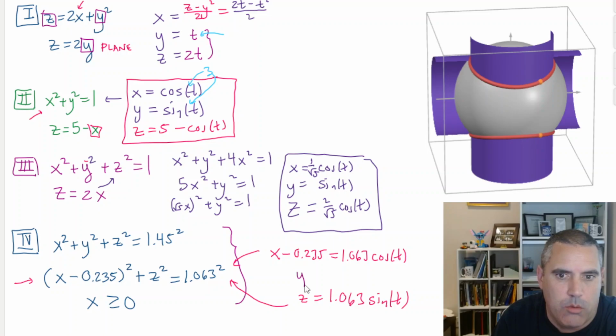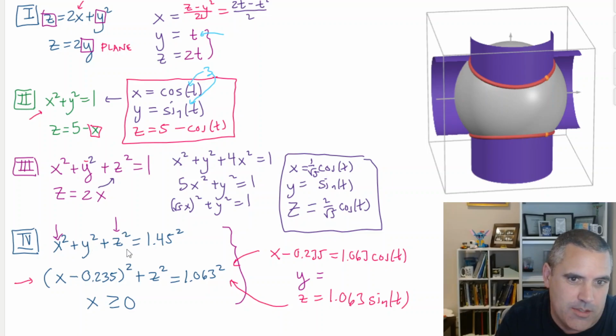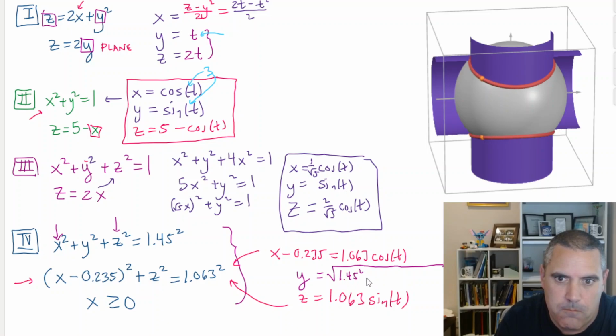And then I need to know what y was. But I knew what x was, and I knew what z was. I could have thought harder, but I just solved for y. Y is the square root of everything else, so it's the square root of 1.45 squared minus x squared. So I took whatever x was and squared it, minus whatever z was squared it. And that's how I typed it in.